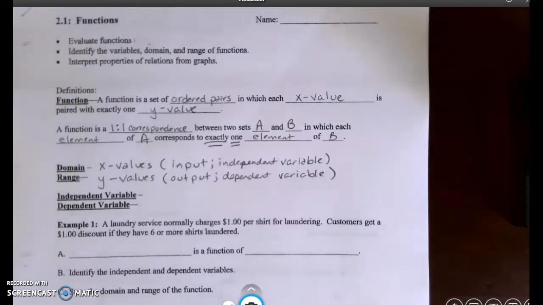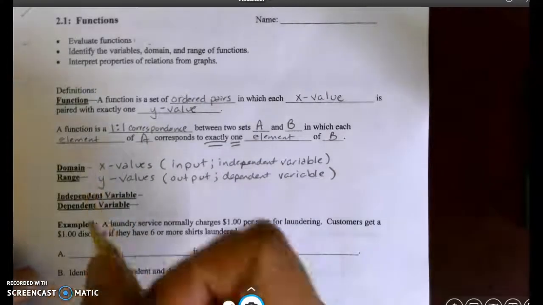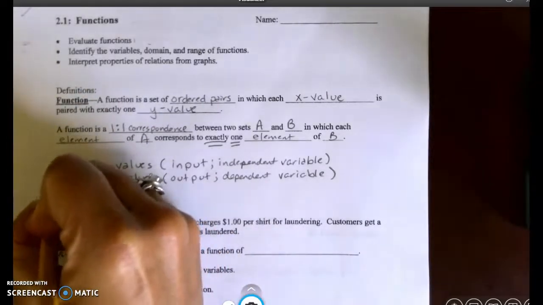And independent and dependent are terms we use a lot, and you're expected many times to identify the independent and dependent variables in a situation. And the independent variable is, as we said up above, going to be your x.